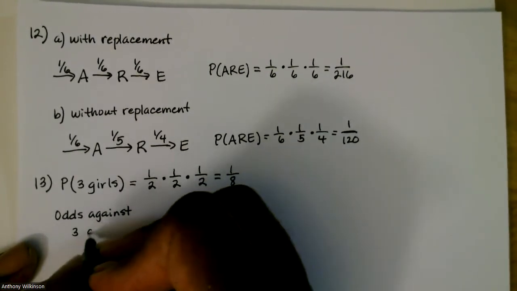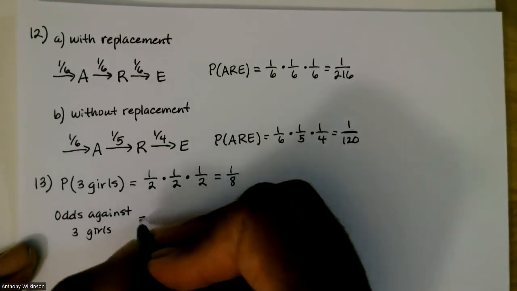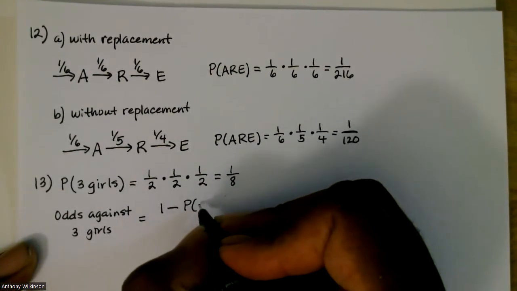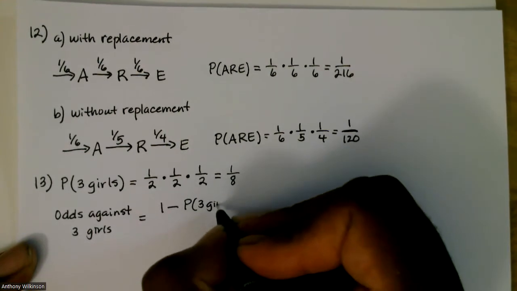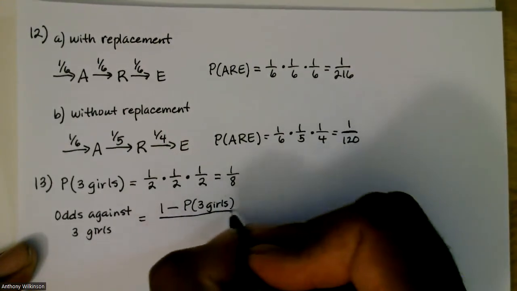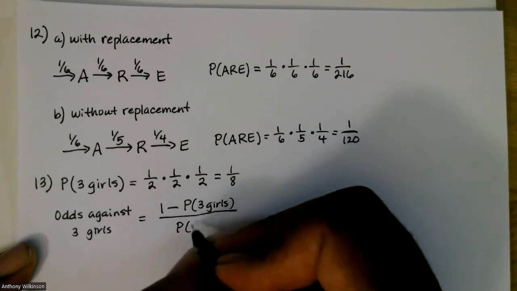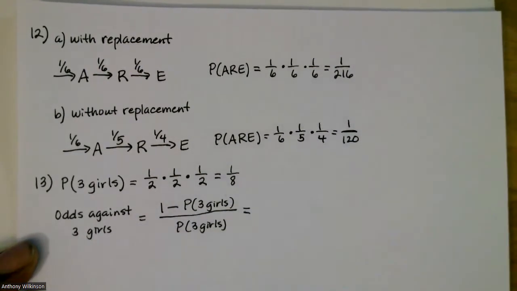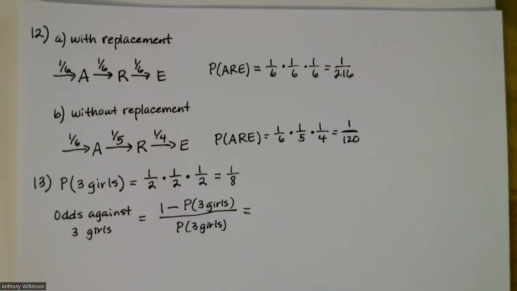Odds against 3 girls would be this: 1 minus the probability of 3 girls, divided by the probability of 3 girls. Okay, that's the formula for finding odds against.